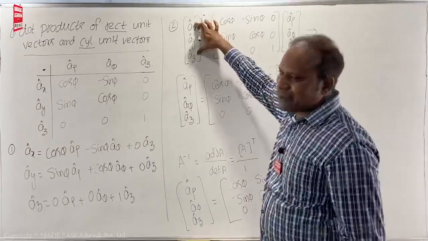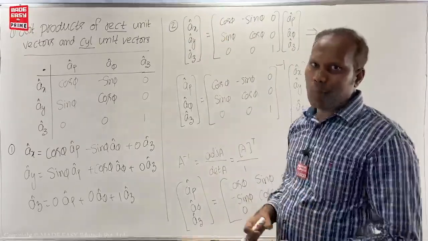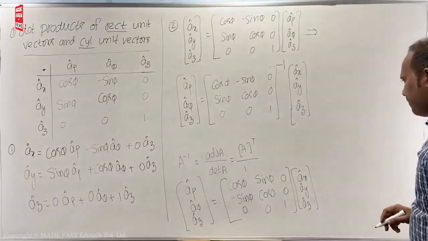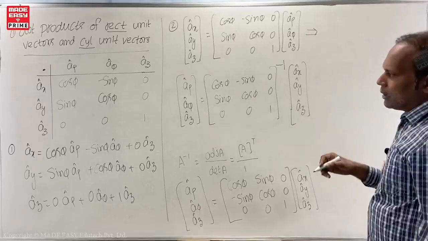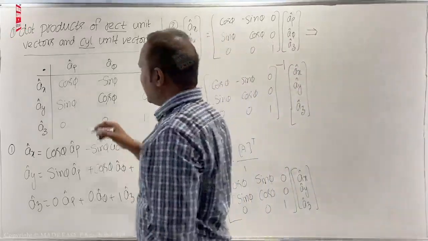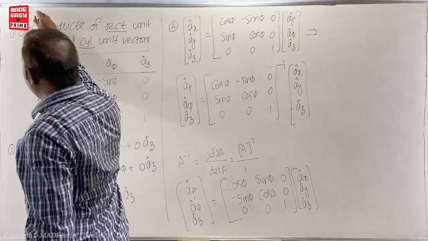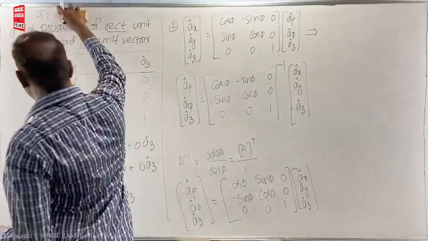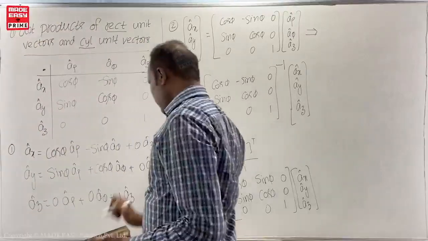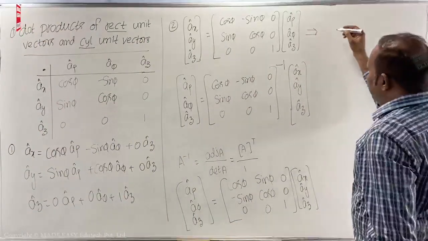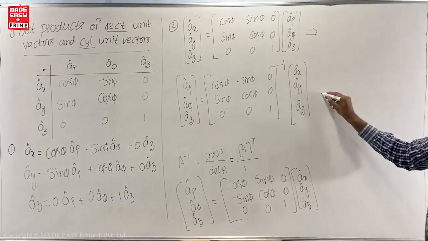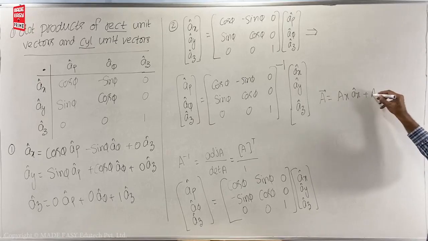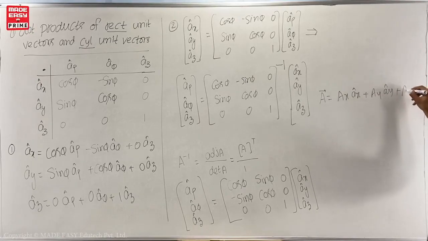If you replace unit vectors with components, for example, for any vector a bar, for a bar vector in the rectangular system, it has ax, ay and az.